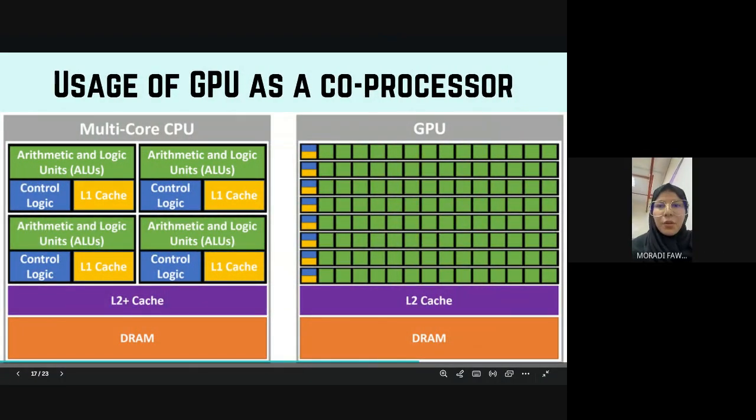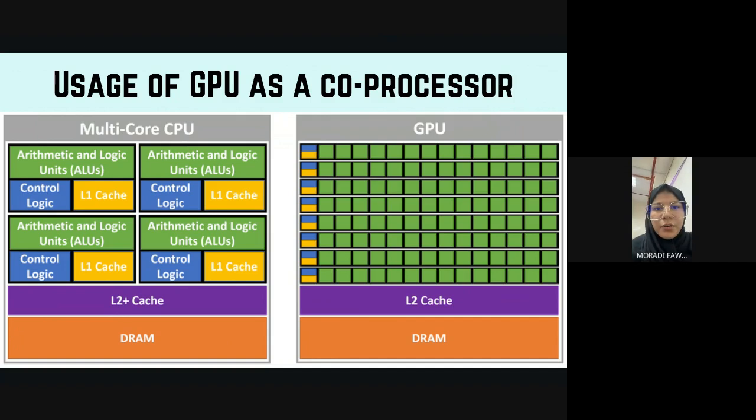Okay, now let's talk about the usage of GPU versus core processor. This slide compares the internal architecture of multi-core CPU and GPU, showing how GPUs are used alongside CPUs to accelerate computation.